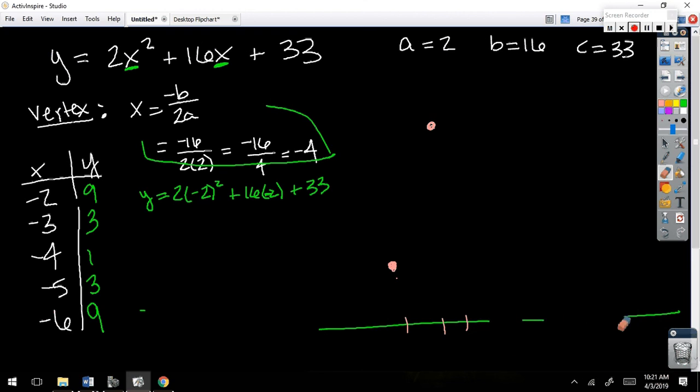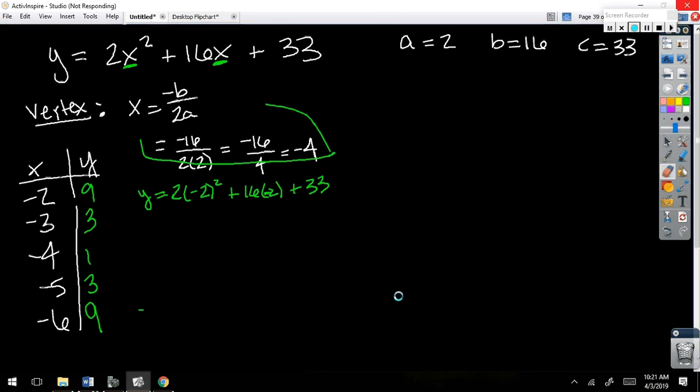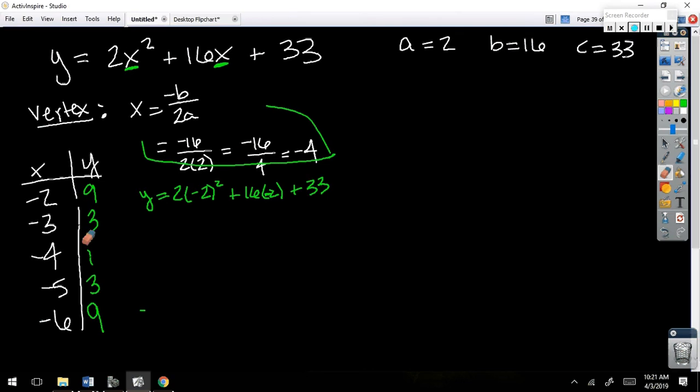Let me do this again. I'm showing you. Hold on. That's not the middle, though, Shais. You remember the middle, your axis of symmetry? It's -4, is here.